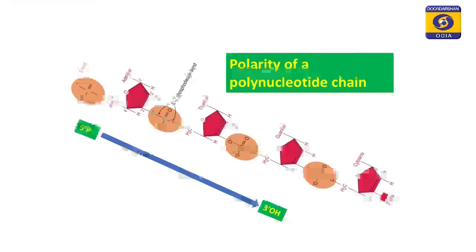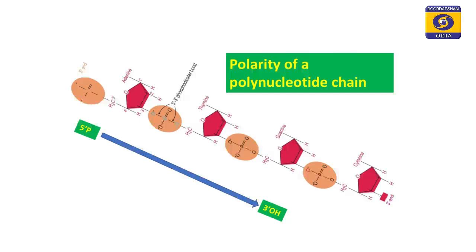Now, what would be our discussion? A nitrogenous base is attached to a sugar by a glycosidic bond, and the sugar with its 5' carbon is linked to a phosphoric acid forming a nucleotide.